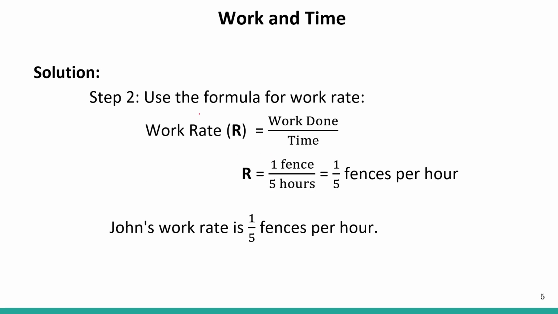Using the formula, work rate is equal to work done by time. So 1 fence by 5 hours is equal to 1 by 5 fences per hour. So the answer will be 1 by 5 fences per hour.